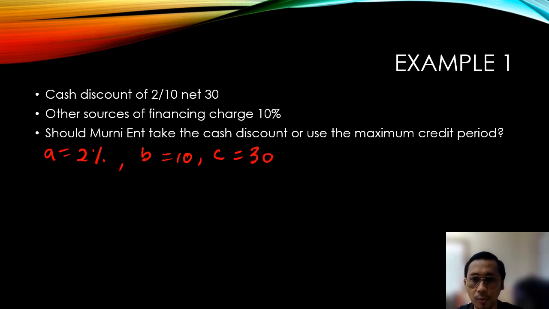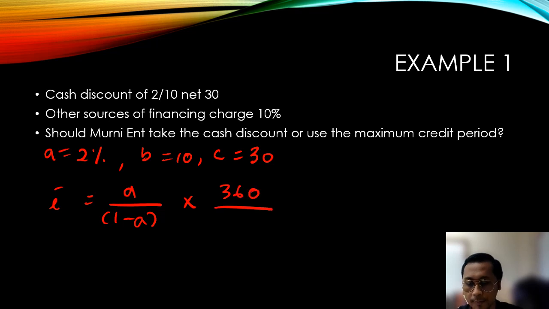Now, substitute all of this relevant information into our formula. I equals A divided by 1 minus A, times 360 divided by C minus B.